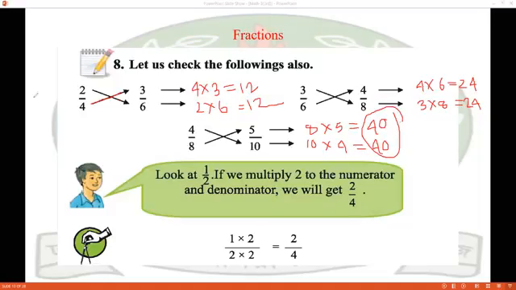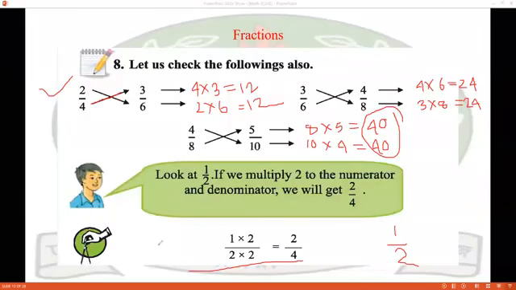You have to find out in this way. But when you are given one fraction, that means half, then you have to find the equivalent fractions of half. Then there is another process. You have to multiply the same number with the denominator and numerator of the fraction. Then you get an equivalent fraction.